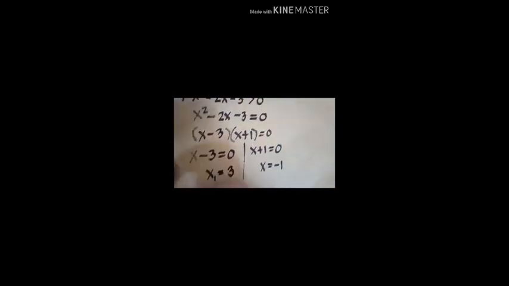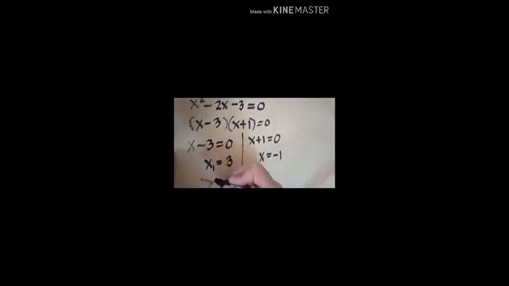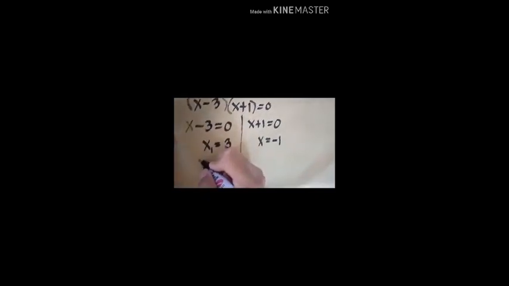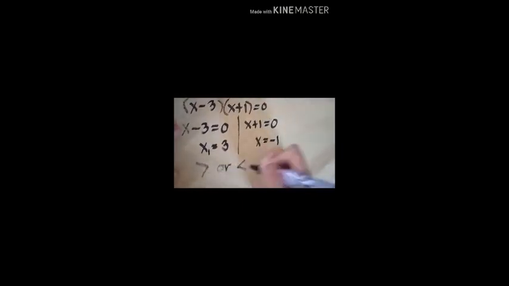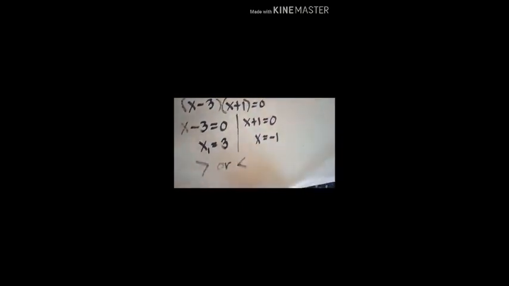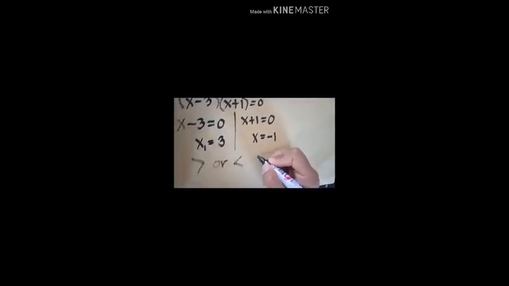So, take note that if the inequality symbol that is used is greater than, or less than symbol ang ginamit, okay, then ang points natin, we are going to make use of an open circle or a hollow circle.